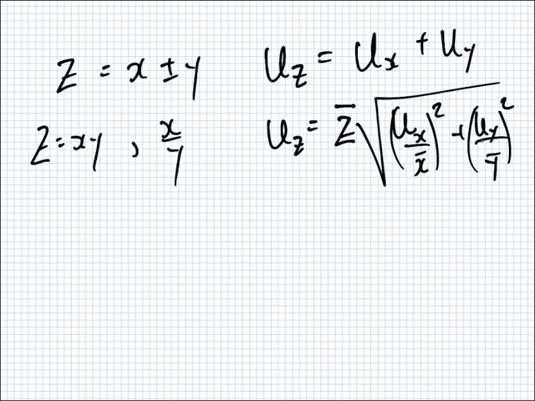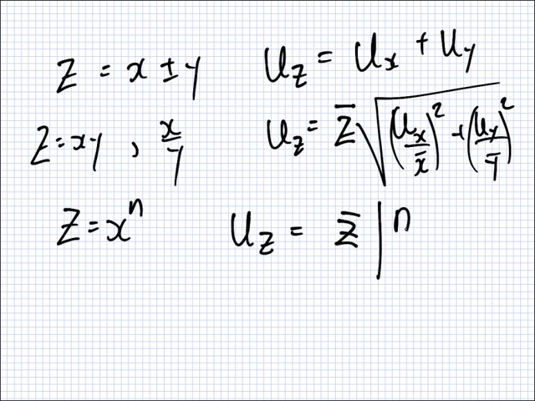You've seen it with Lorraine? Good. Have you seen this one, x to the n? The uncertainty of z in this one, there's a couple of ways I write it. Probably the easiest way is just z times n times ux over x. That's the easiest one there.